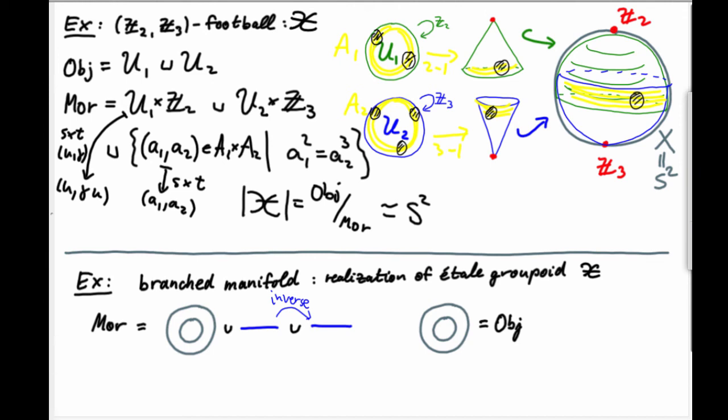Well, the source map is a local diffeo, because it maps (u, gamma) to u. And the target map takes (u, gamma) to gamma u. Z2 is actually a diffeo. Z2 is discrete, right?